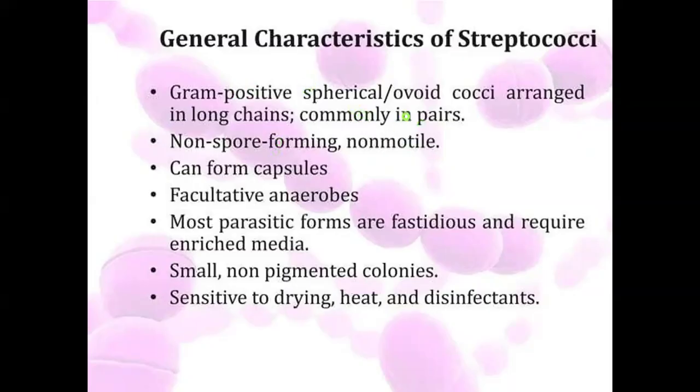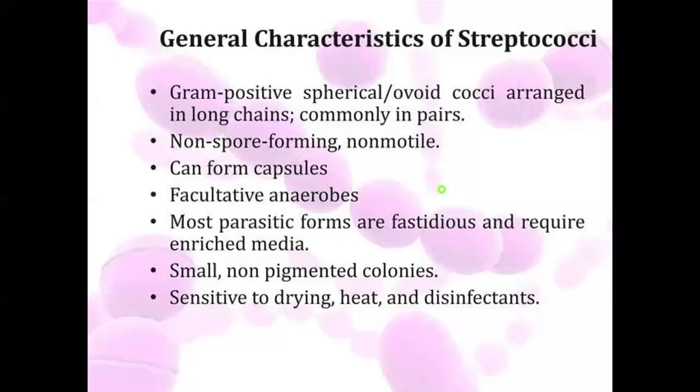And then they are also non-motile. They can form capsules. They are facultative anaerobes, meaning that they can use oxygen or may not require oxygen. Most parasitic forms are fastidious and require enriched media.